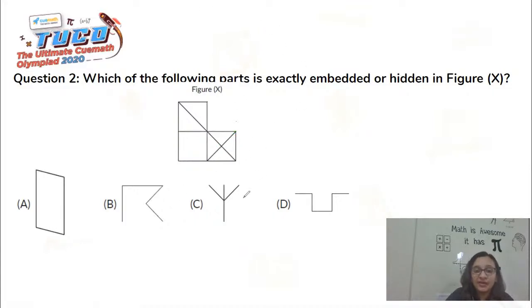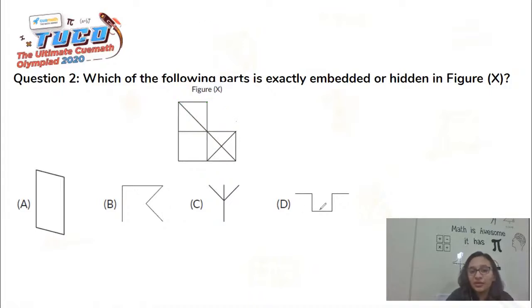Now let's see if we have option C anywhere. So we do have this V sort of shape, but there is no vertical straight line coming out of it in the middle of it. Or else if you were to check it here, there is a vertical straight line like this, a slant line like this, but then there is not one more slant line like this, so that it would match with option C. So option C is not the correct answer.